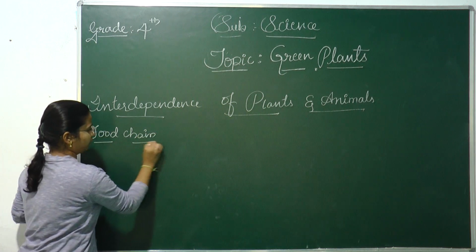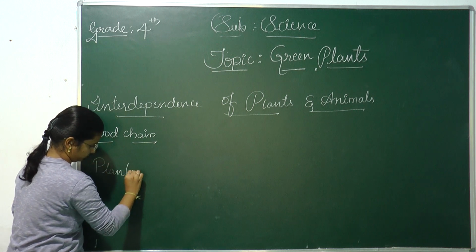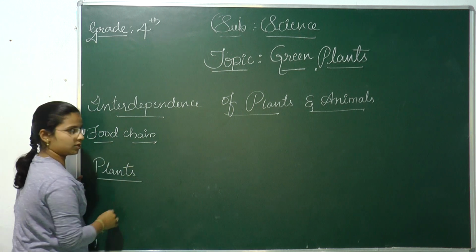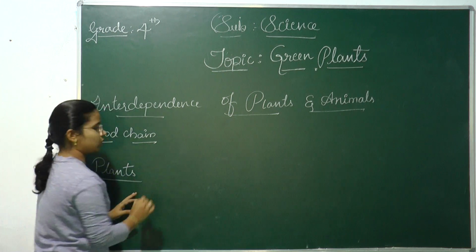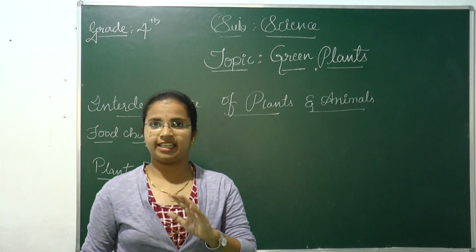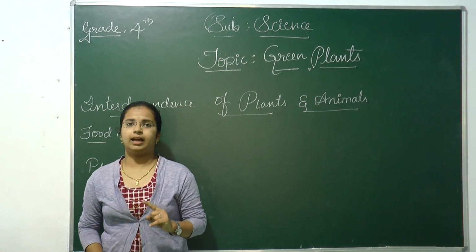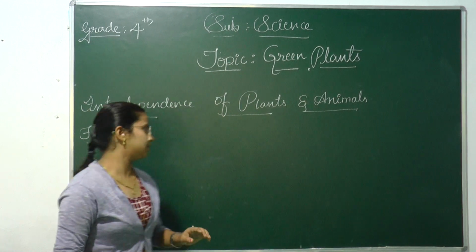The first part of the food chain starts with plants, which store food in the form of starch and prepare their own food by the process called photosynthesis.